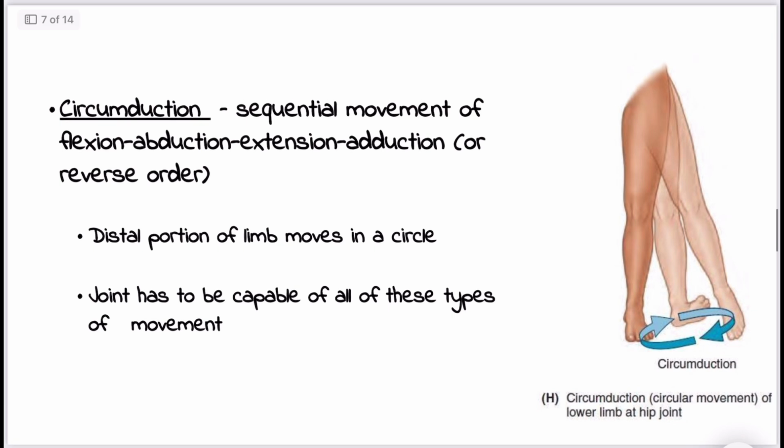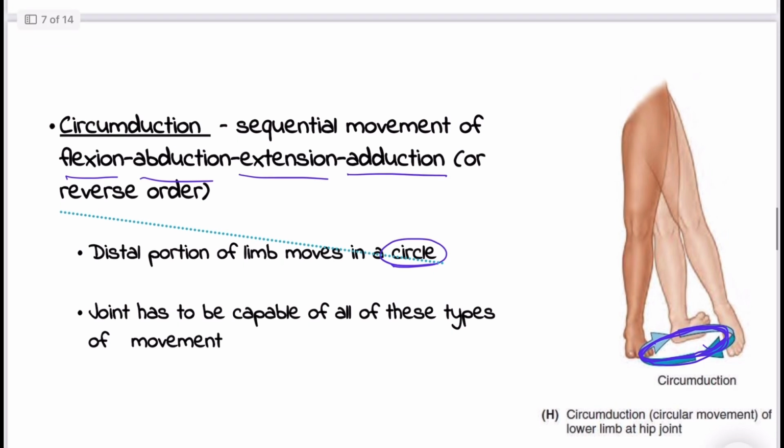Now, circumduction is the sequential movement of flexion, abduction, extension, adduction, or in reverse order. And the distal portion of the limb moves in a circle. And you can see here on the right, circumduction is moving in a circle. And the joint has to be capable of all these types of movement to be able to qualify as a circumduction of the joint.